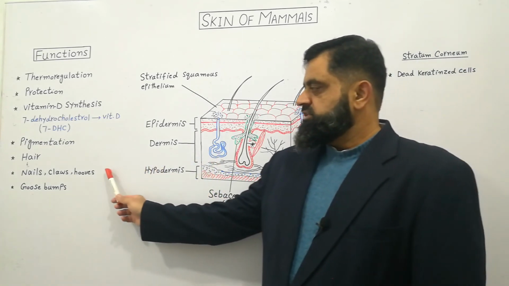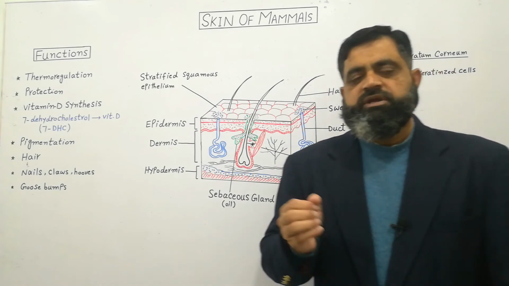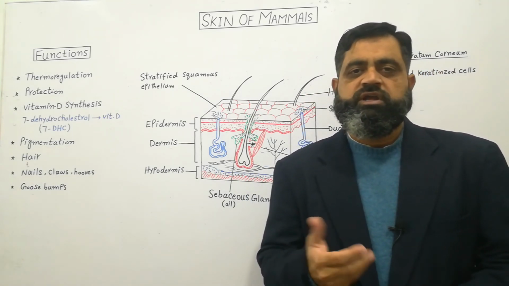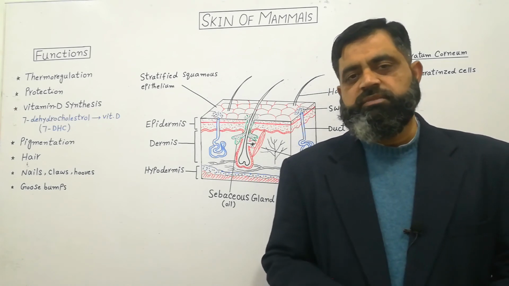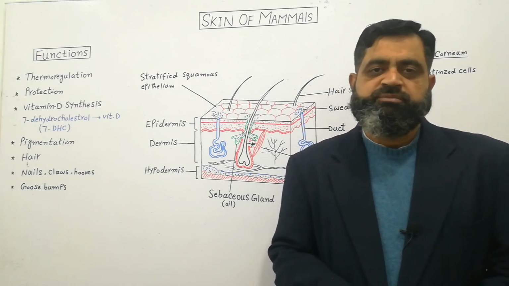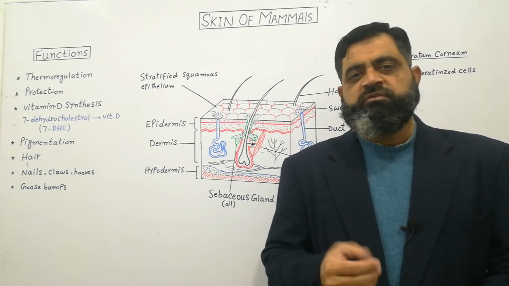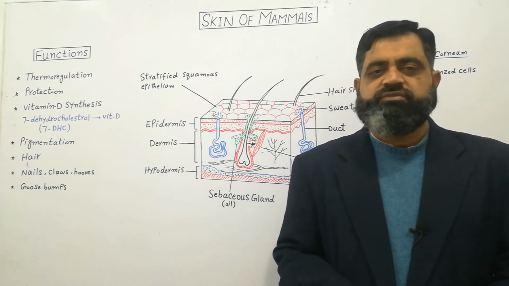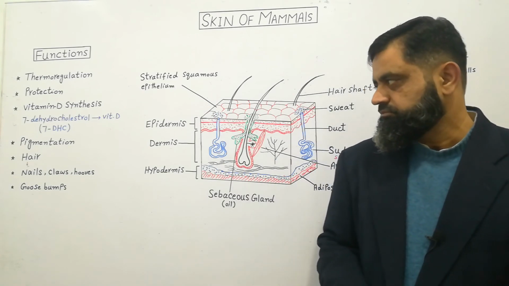Skin also produces nails, claws and hooves. Nails are present in humans on the tips of the fingers, and hooves and claws are present in other mammals, which are also produced by skin with the help of keratin protein. They are also part of the exoskeleton and help in different fields of life.